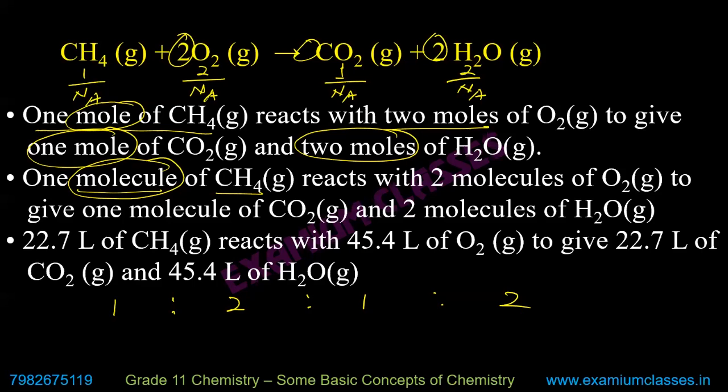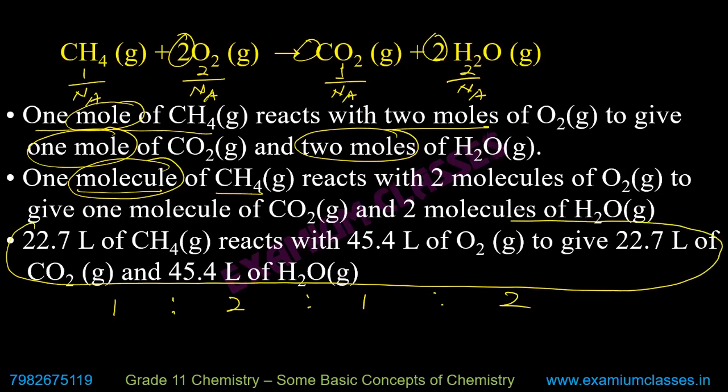In that case, it will not be the volumetric ratio. It will still be the molar ratio and the molecular ratio, but not the volumetric ratio, because volume conversion from mole is applicable only for gases. You remember that. So exclude solid and liquid ones from the volumetric ratio. You can't convert solids to volumes by multiplying 22.4.